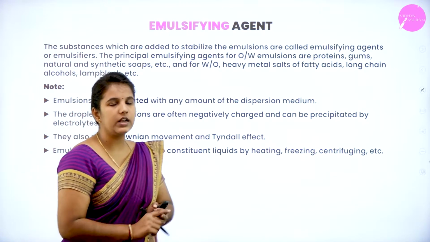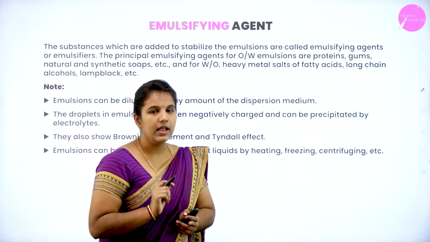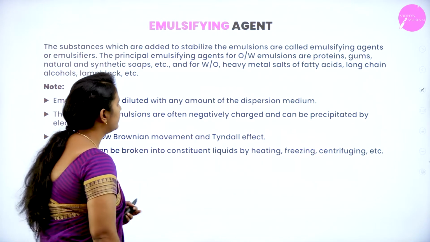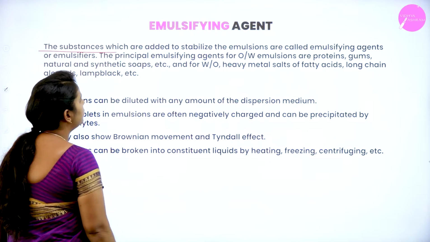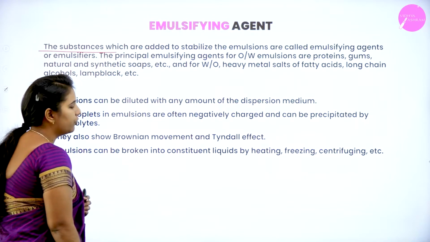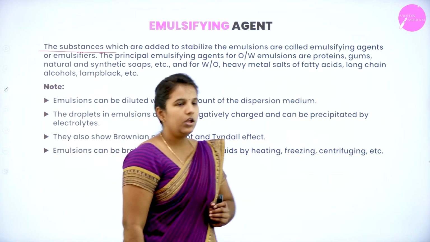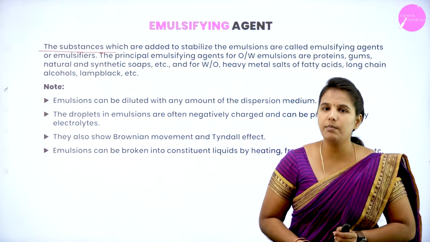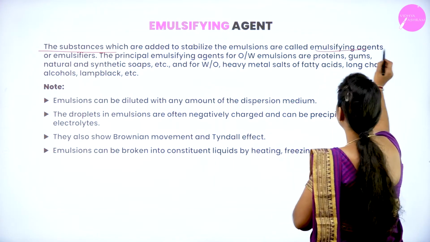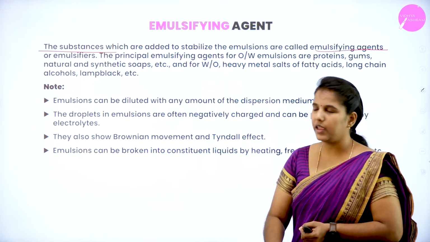Next one is emulsifying agent. Now we have understood what an emulsion is. Let's see what an emulsifying agent is. The substances which are added to stabilize the emulsion are known as emulsifying agents. Once the emulsion is formed, we need to stabilize it. That can be done by using some substances known as emulsifying agents.